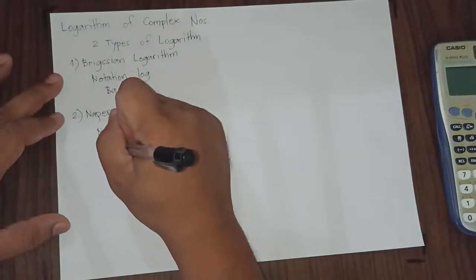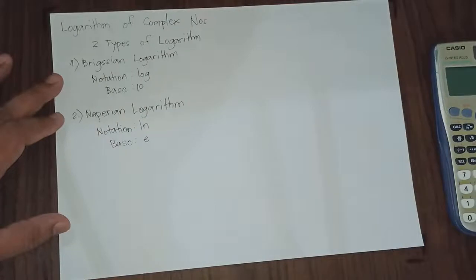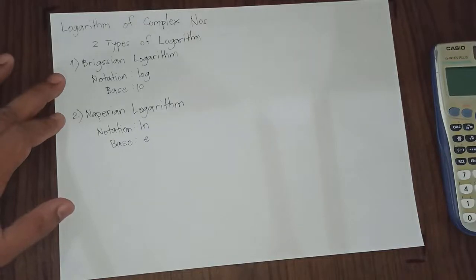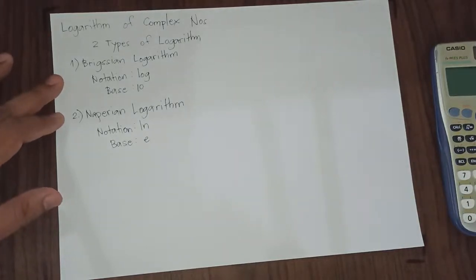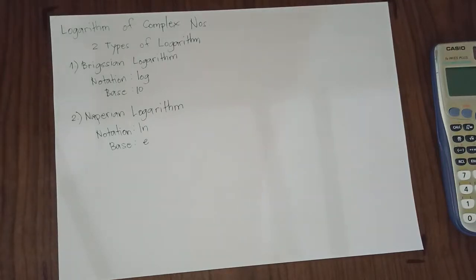And it has a base of e. Okay, e is a representation of the Euler's number by Mr. Euler.